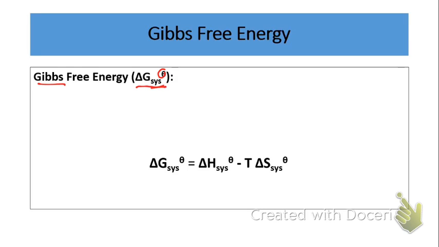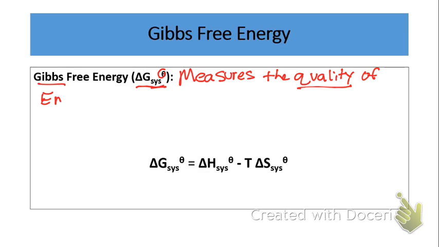By definition, is going to measure the quality of energy available. All right, quality. So Gibbs free energy measures the quality of energy, how good this energy is.